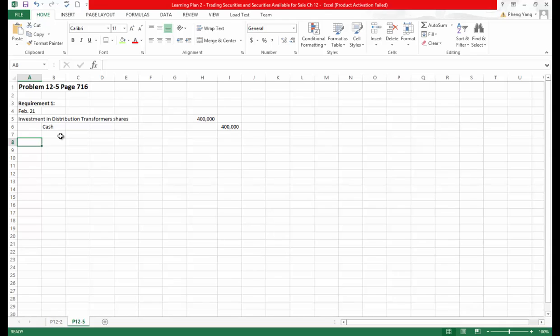Then on March 18th, they received cash dividends of $8,000 on the investment in Distribution Transformer common shares. So we're going to debit cash for the $8,000 and credit investment revenue for $8,000.